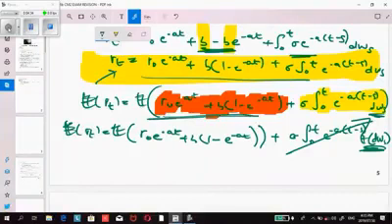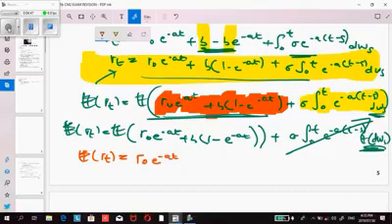And this here is just a constant, and the expectation of a constant is just that constant. So the expected value of R sub t is equal to R sub 0 e to the minus at plus b into 1 minus e to the minus at. So that is your expected value.